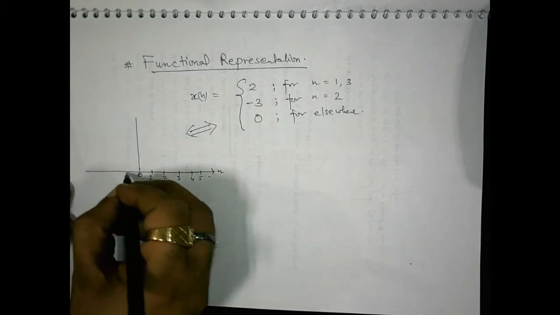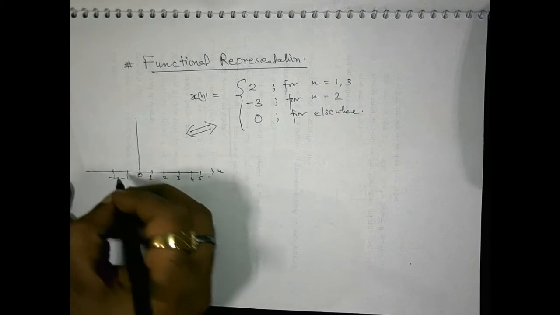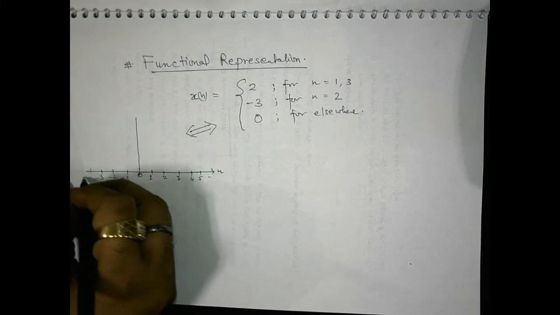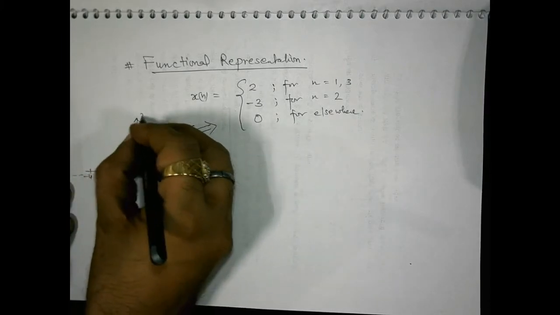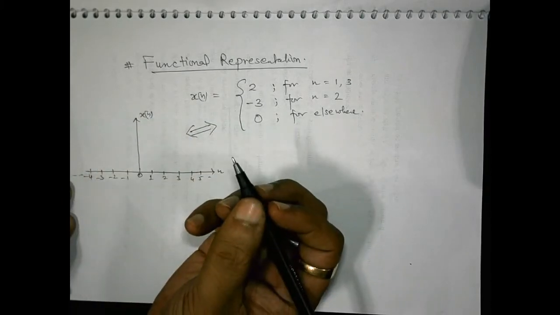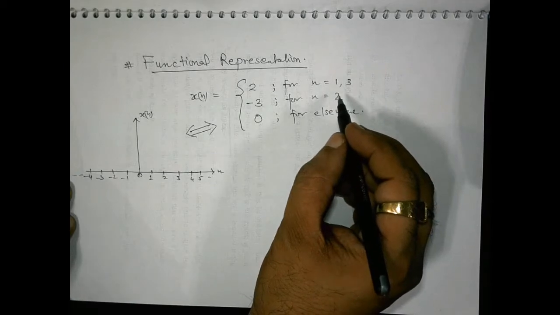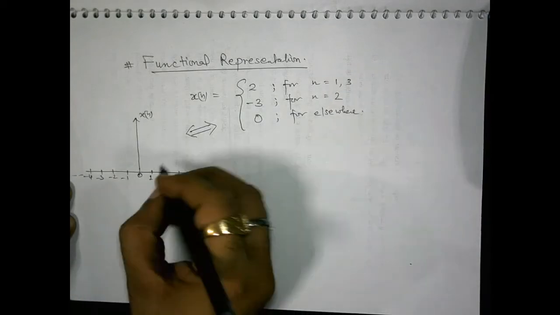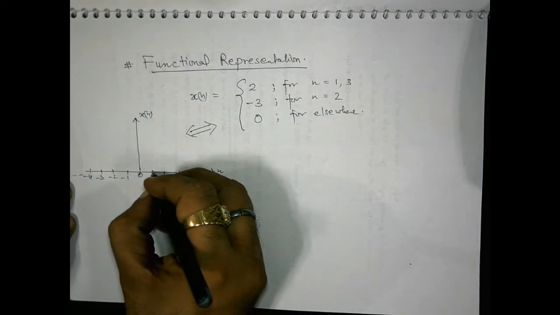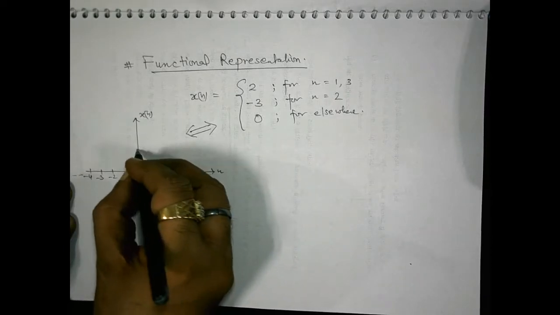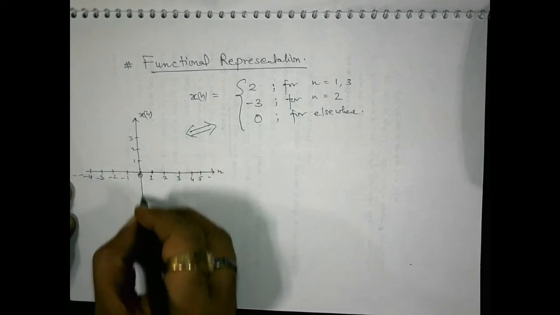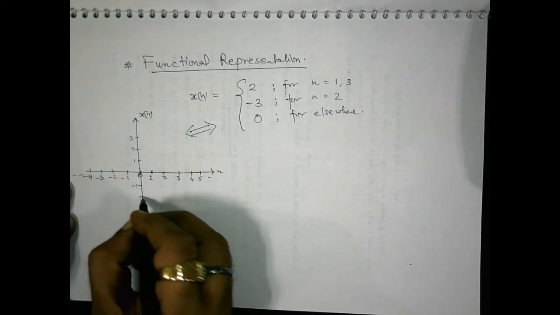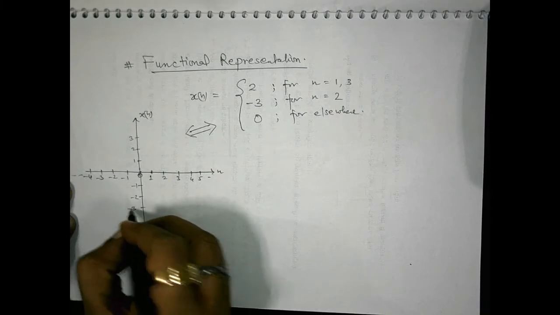This is -1, -2, -3, -4 and so on, and you can say that this is x(n).